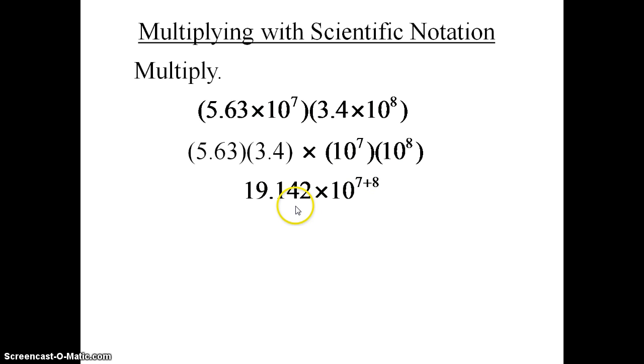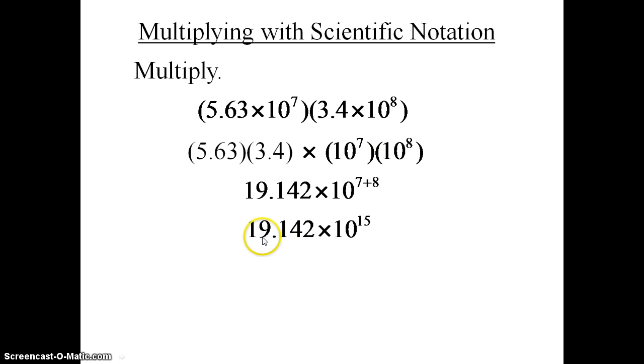However, if you notice, 19.142 is not between 1 and 10, or less than 10, I should say. So that tells me that I need to move my decimal over one place to the left to make this 1.9142. And with doing that, it's going to adjust my exponent.